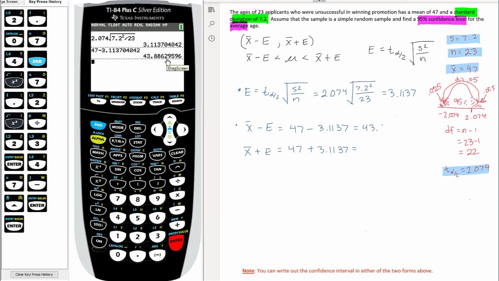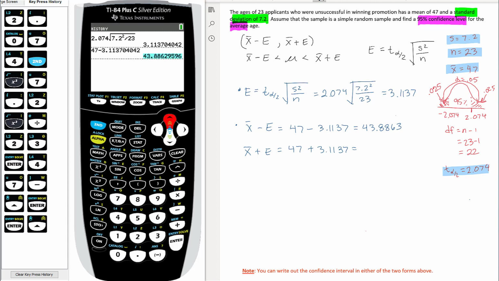43.8863. And then for the second one, for x bar plus e, you can go up twice until you select the expression that we're going to change, and put a plus sign.